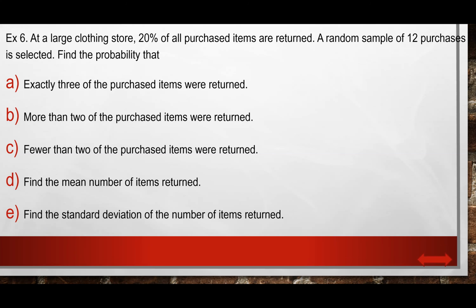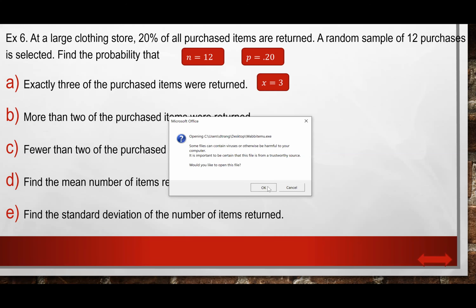Well, remember, to do this item, we know that we have an N and we know that we have the P. The N is how many people are in this survey or in this study. The sample or the total number of items, we have 12. And the P is 0.2. And if you remember, our X is 3, right? So looking at this item right here.